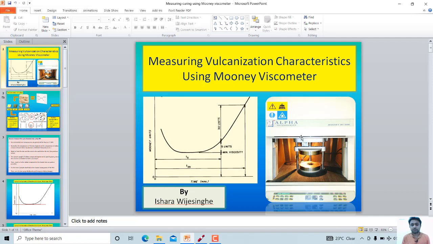I think you know the things related to the Mooney viscometer, and we'll see today how to measure the vulcanization characteristics of rubber compounds using it.